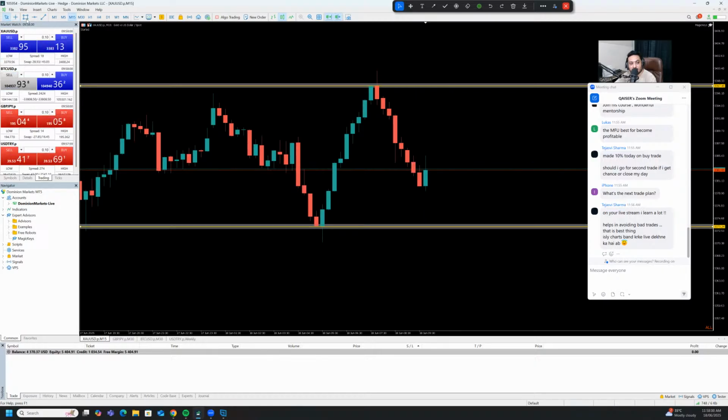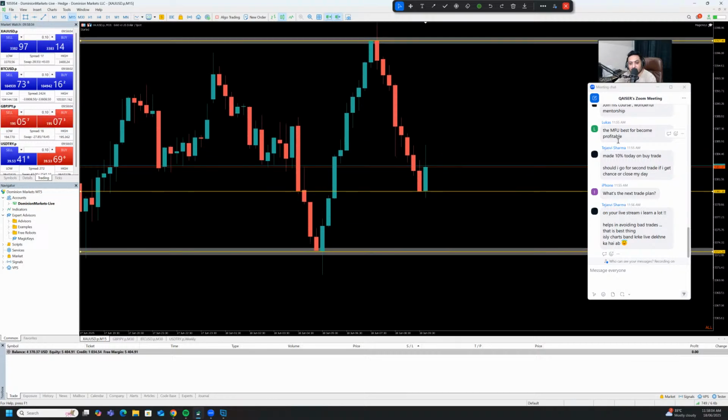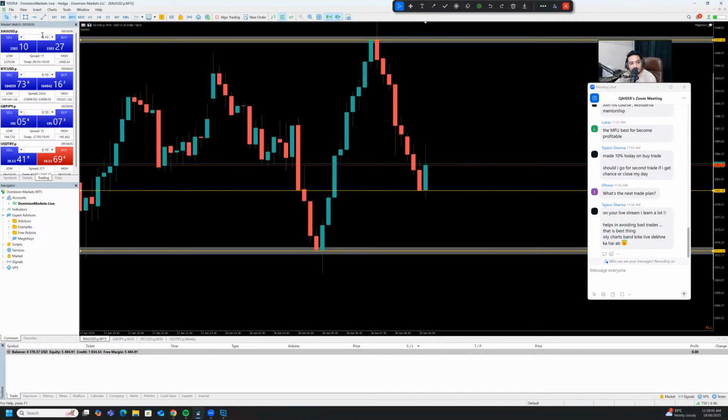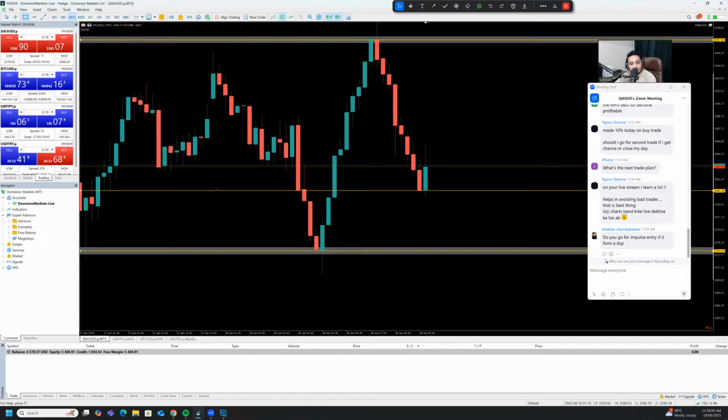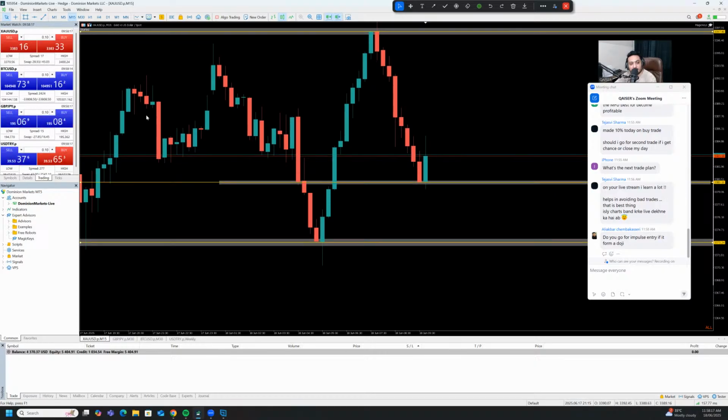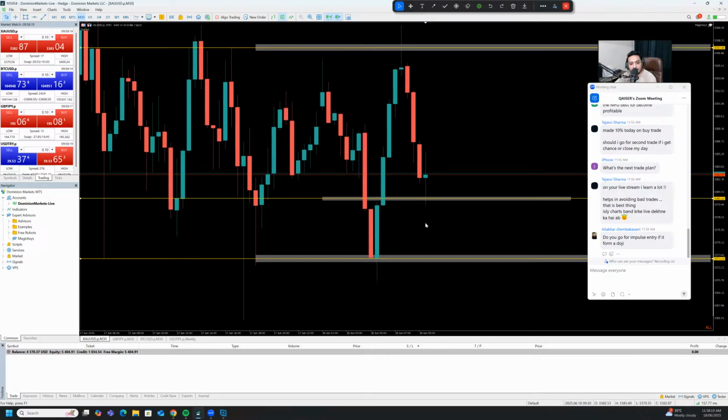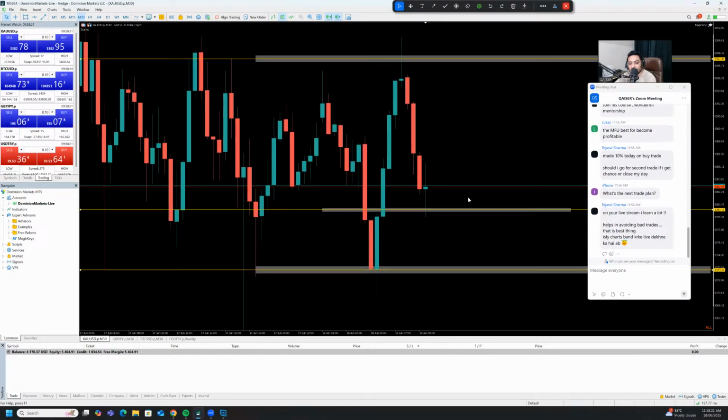We are going to create a support here, I think so. Just waiting. Let's see how this 30-minute candle is going to close.